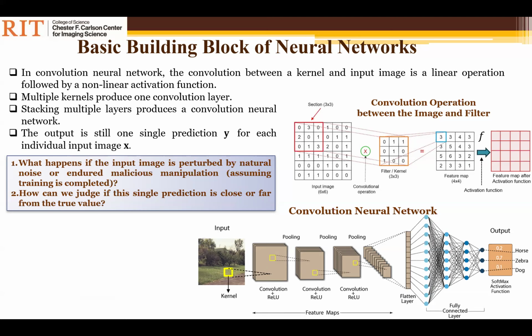Then we stack multiple layers to extract multiple levels of information from the input images, and we pass the feature maps that we extracted to fully connected layers to perform either a classification or regression problem. Again, the same question applies here. If our input image is perturbed by any sort of perturbation, what's going to happen to our output? How does the output change, and how does the neural network reflect that perturbation at the input? So this is what we're going to be focusing on in our talk.